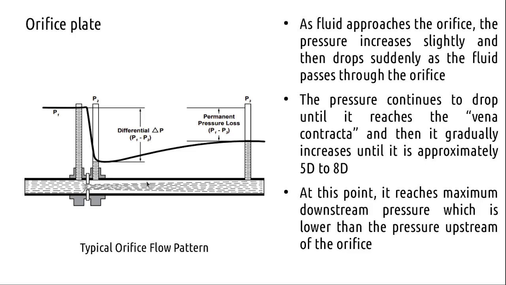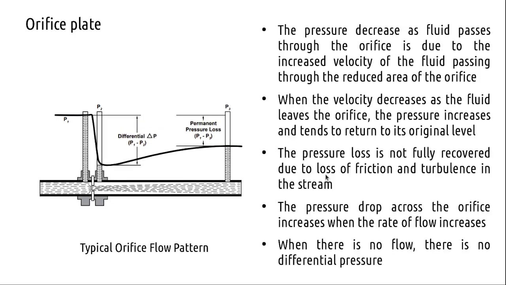You will have to manage various parameters to make sure that if you are inserting an orifice plate, you are ready to sacrifice some pressure loss. But orifice plates are one of the most widely used flow measurement devices in industry.